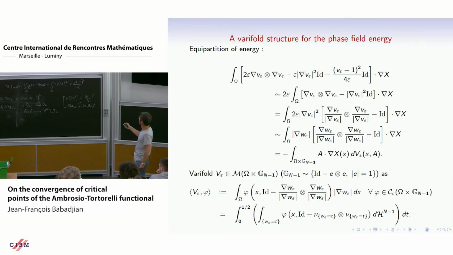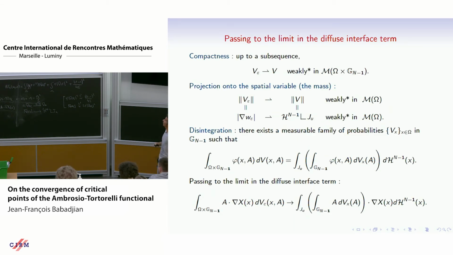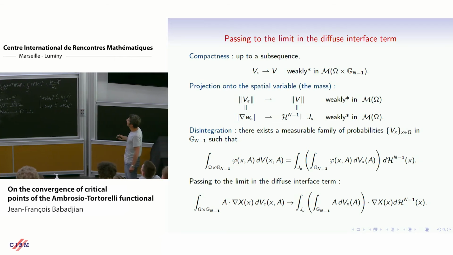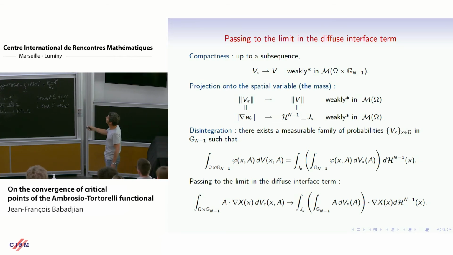So capital V epsilon converges to some V. But then I have information on what is called the mass of the varifold. This is this quantity that I write between double bars.